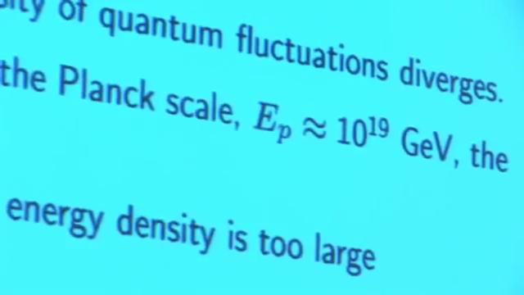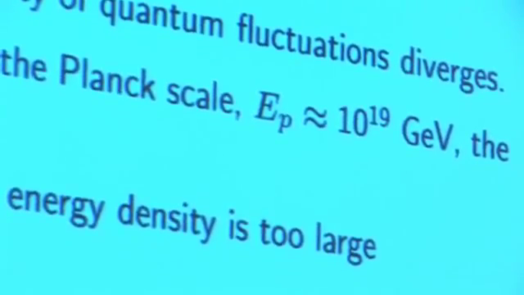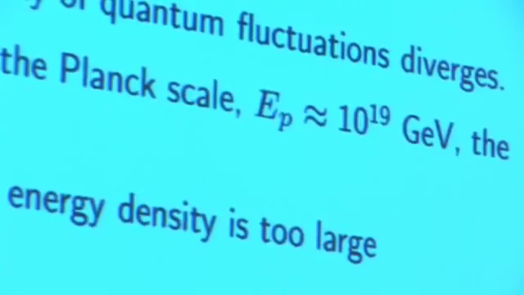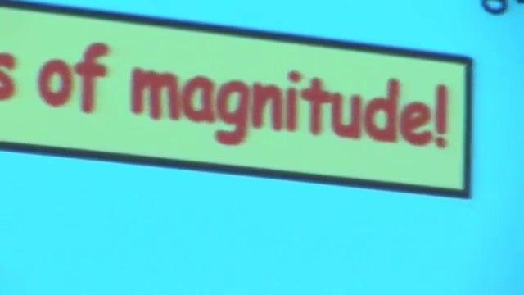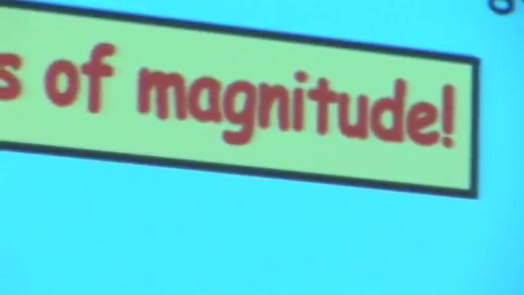If you do that, it means cutting off at the Planck energy, 10^19 GeV, which is the scale of quantum gravity. And if you use that cutoff, you can then get a finite number for the vacuum energy density. But the problem is that the number you get is too large, and it's not just a little bit too large. It's too large by about 120 orders of magnitude. And that is an embarrassment, even for cosmologists.